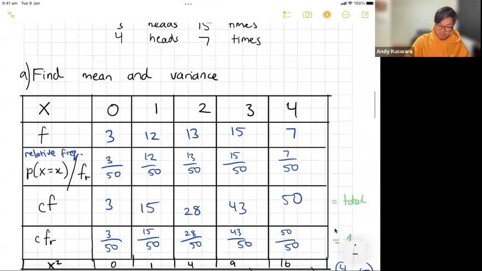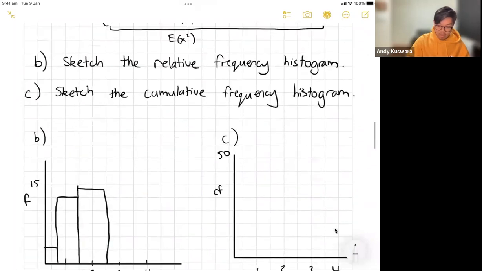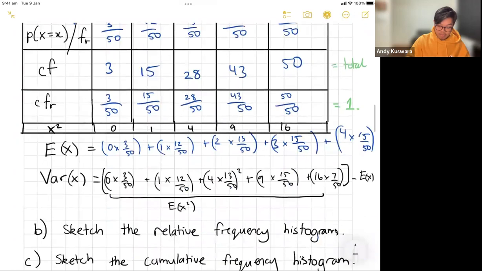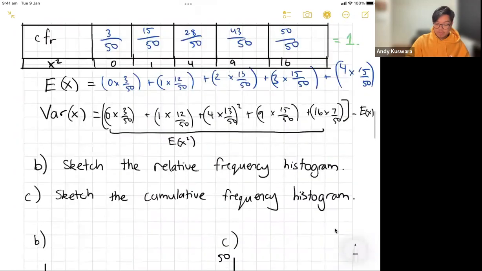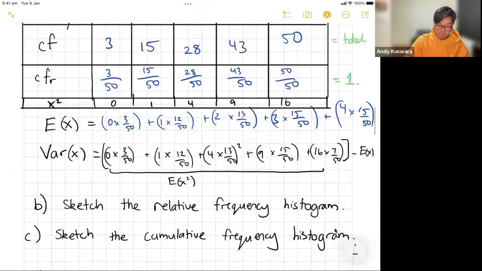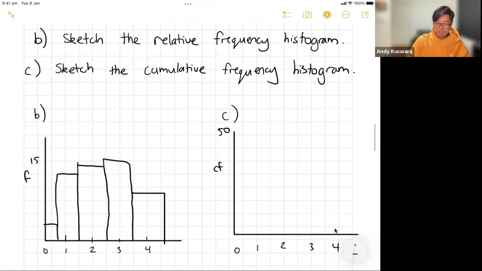A score of 2 goes to 13, so slightly more. A score of 3 goes to 15, so that's probably the big one. And then a score of 4 goes to 7. And again, I'm just eyeballing here. You would probably get grid paper or something to do a bit better.